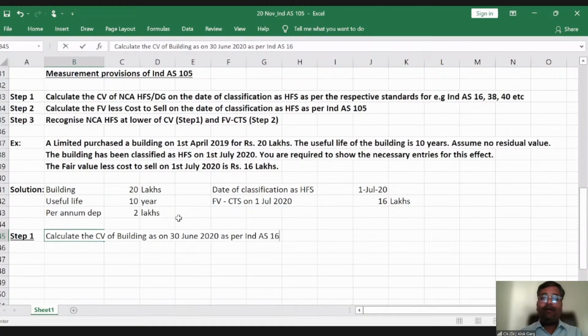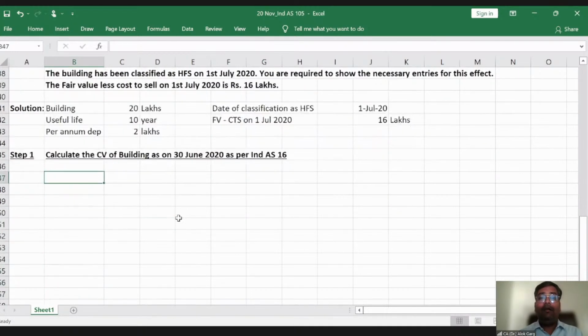And what is the definition of carrying value? Carrying value as per Ind AS 16, you must have read this concept in Ind AS 16, is equal to cost minus accumulated depreciation minus accumulated impairment losses.